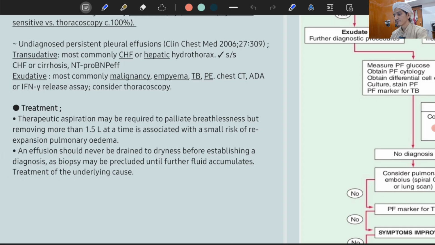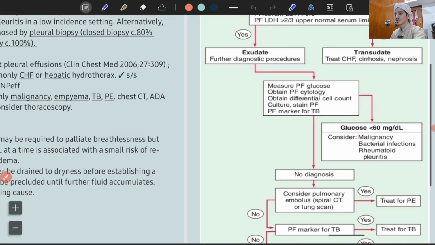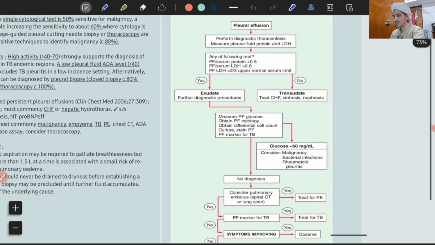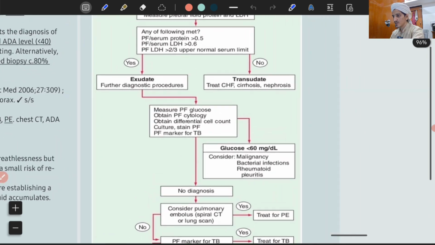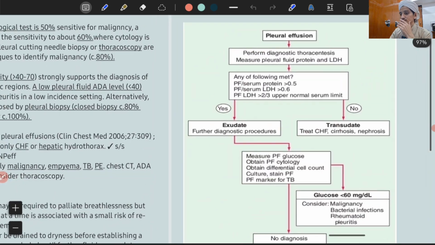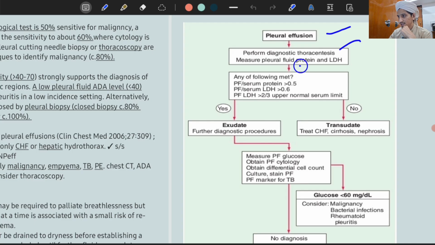So lastly, we will have the summary of generalized consideration of pleural effusion. See this one. So we will go one by one. When there is pleural effusion, do diagnostic thoracocentesis, measure the protein level and LDH level to differentiate into transudate or exudate by Light's criteria.